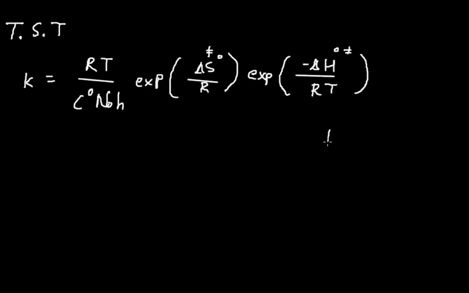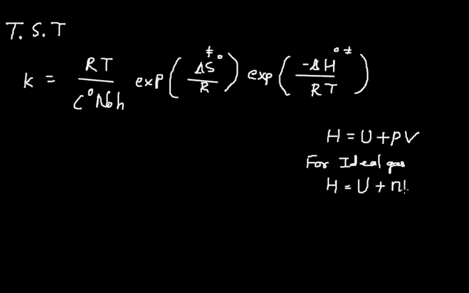Okay, now tell me what is H. H is equal to U plus PV. Okay, what is PV for an ideal gas? We'll not complicate things, we'll just take simpler things, so PV is equal to nRT, right? Fine. So what is delta H? Delta H is equal to delta U plus, now what is changing here is Ng, delta Ng RT.